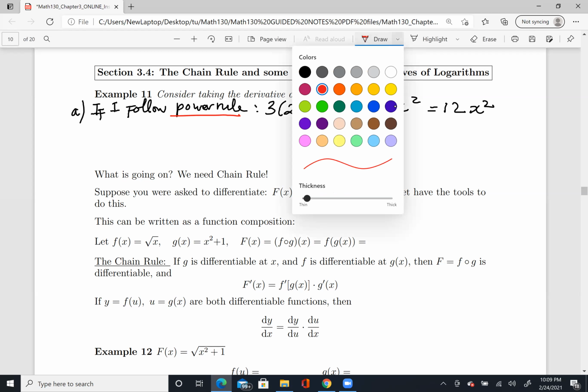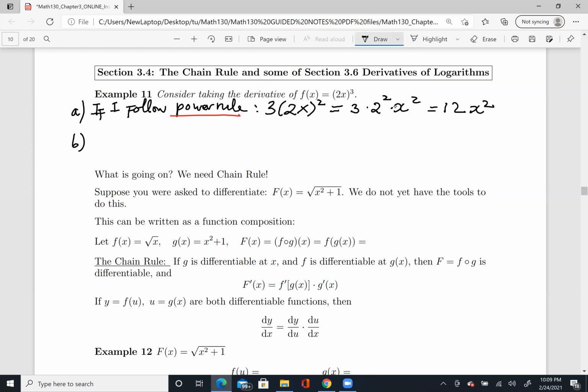What about another case, if I say I want to multiply first, and then I differentiate?